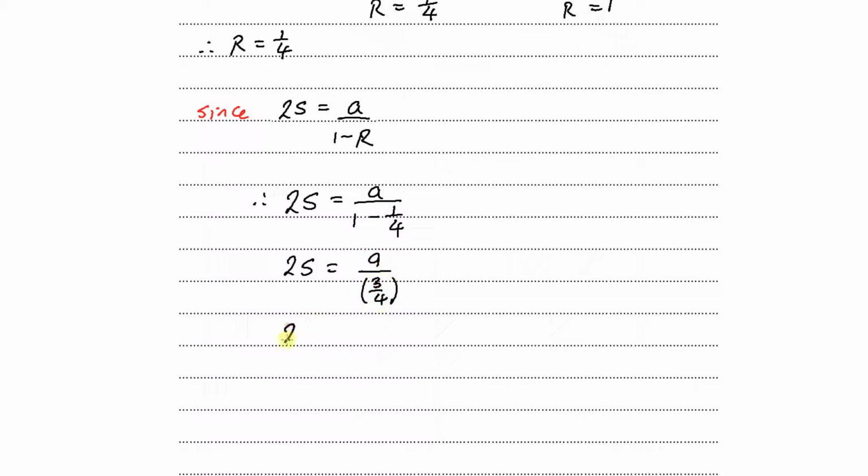And this can simplify to 2s is equal to a over 3 quarters, which is like 4 over 3 a. Okay, and we can divide both sides by 2. So the 2s will cancel, and we get s coming out as 2/3 of a eventually. So this becomes the value of s. And that's how we do it with this question here.